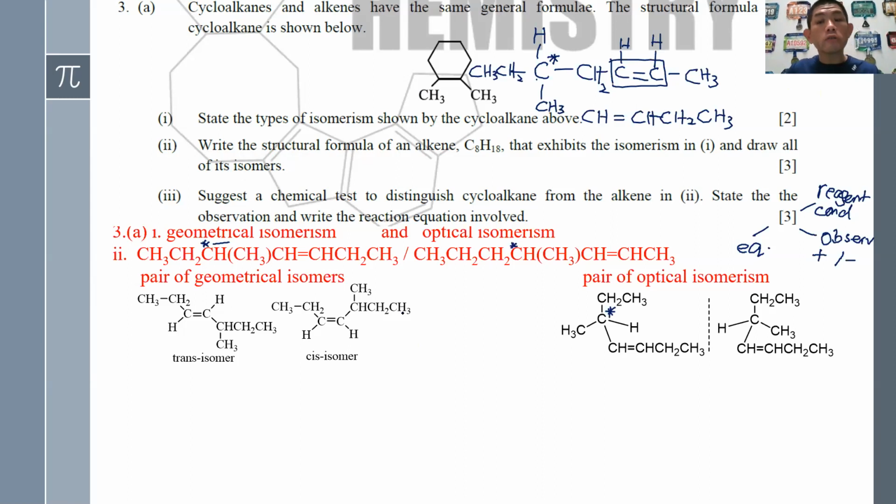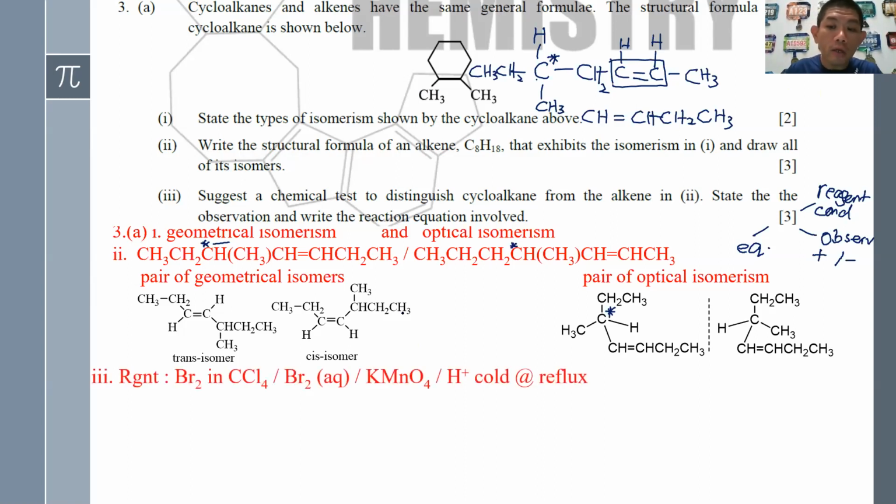Even if you use bromine and potassium manganate, be careful with the condition that you apply, because different reagent conditions will give different products. Bromine in CCl4 and aqueous bromine give different products. Acidified potassium manganate or alkaline potassium manganate also will give different products. So you must be very clear and specific in here.